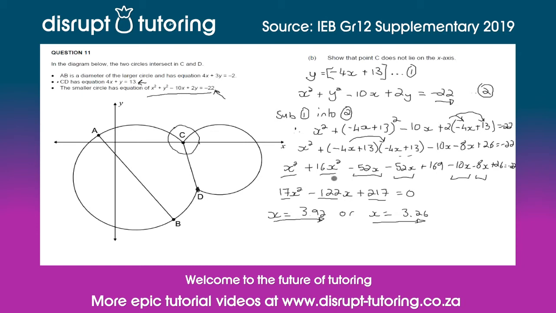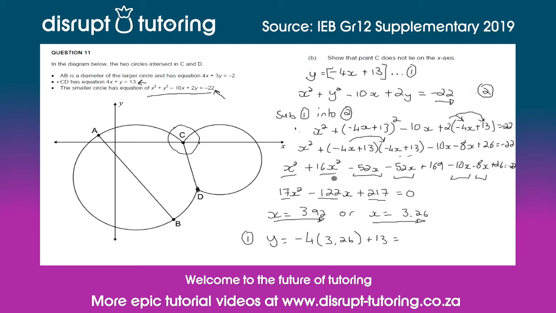So we then, from equation 1 again, so remember equation 1 is y equals negative 4, and instead of x, we can sub in the 3.26 and plus the 13.